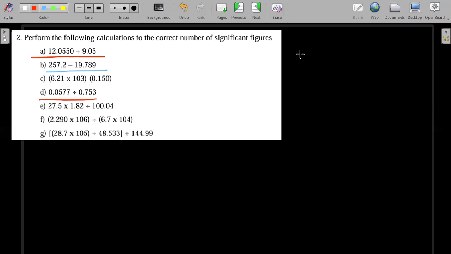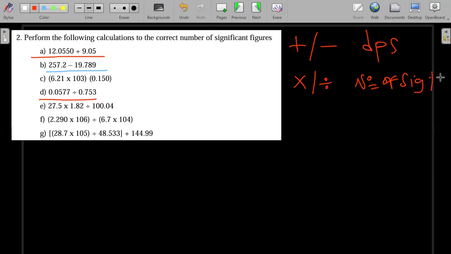So when you are adding or subtracting, you're looking at decimal places. But when you're multiplying or dividing, you're looking at the number of significant figures.